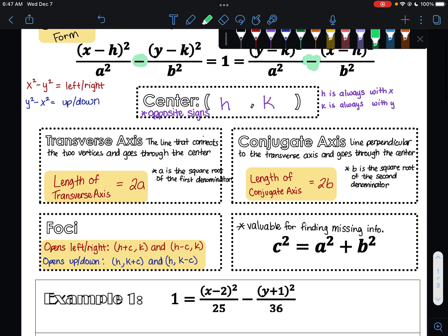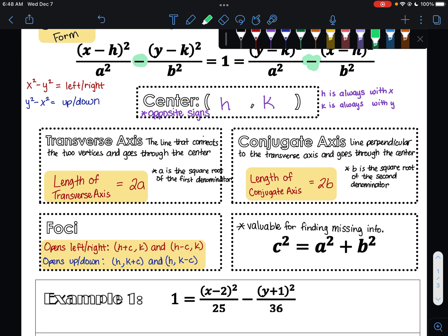So then we have our transverse axis and our conjugate axis. These are very similar to the major and minor axis from the ellipse, but it's just a tiny bit different. So this is the line that connects the two vertices. So your vertices of your hyperbola will always be on this transverse axis, and if you want to find the length, you take the square root of a and then you multiply it by 2.